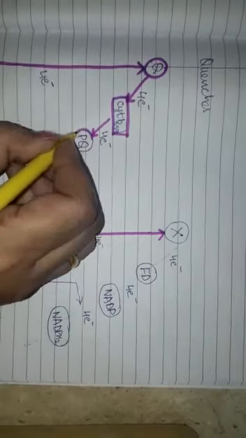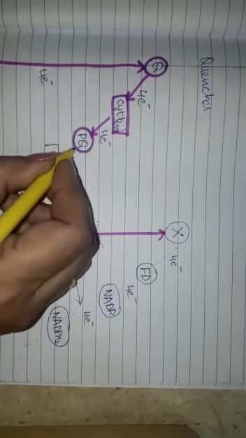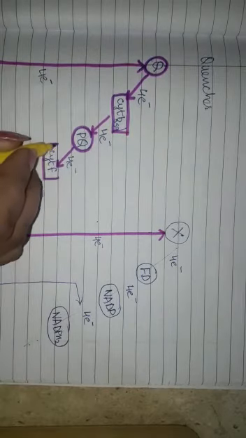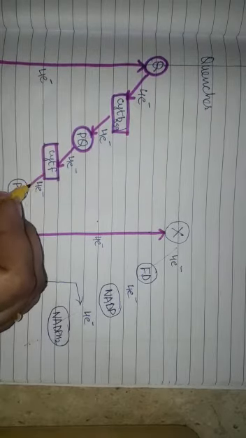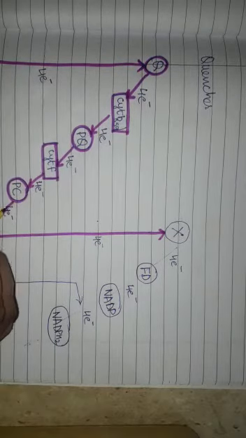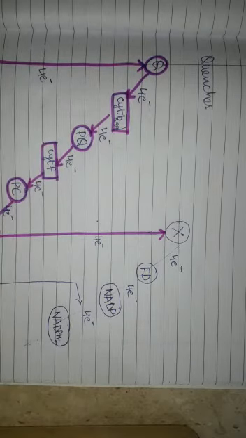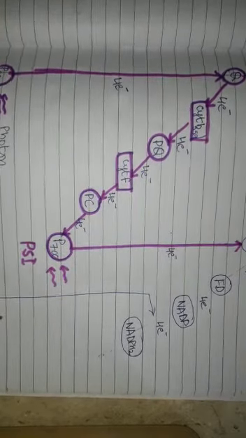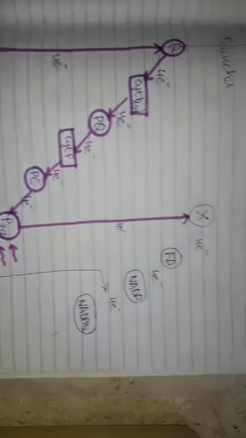Electrons are transferred to plastoquinone. Plastoquinone से कहाँ जाएंगे? They will be transferred to the cytochrome F, then to plastocyanin. Plastocyanin will transfer them to the reaction center of photosystem 1, that is P700.